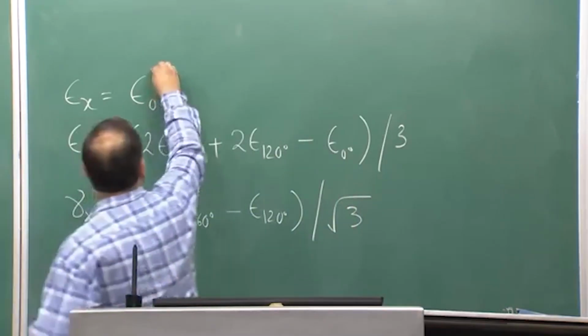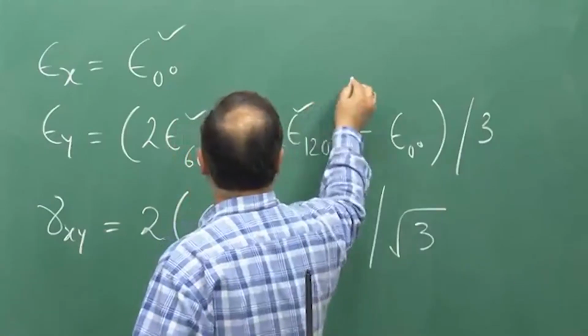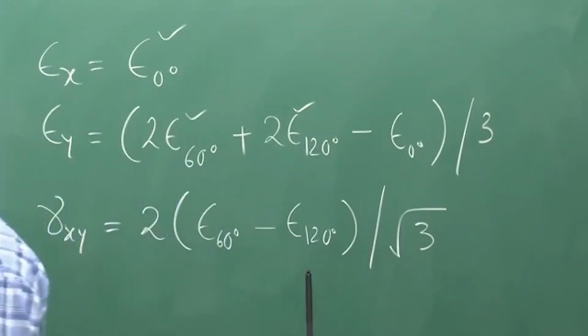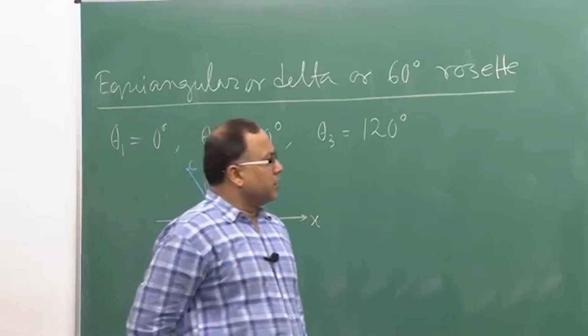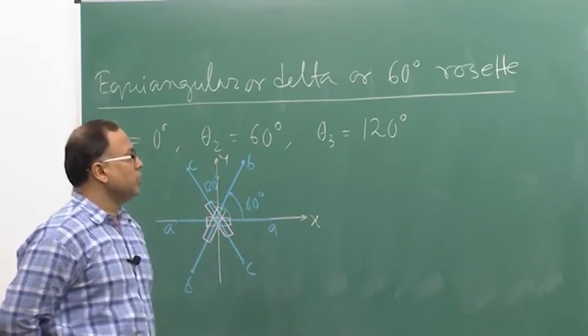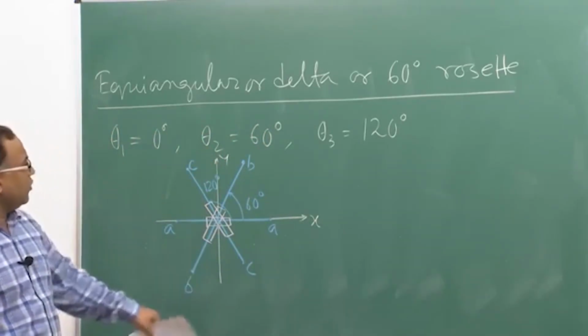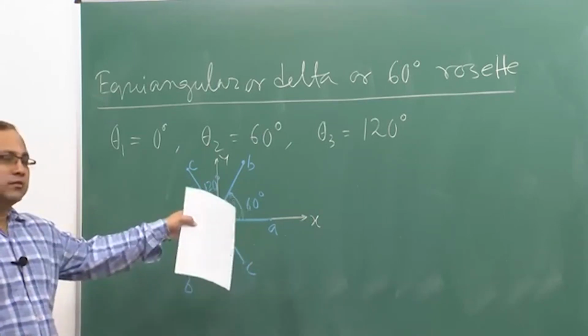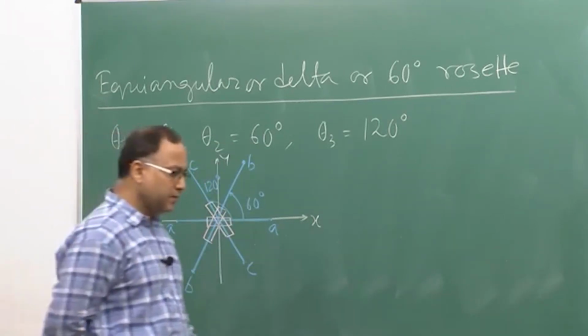Okay. So, you measure these things and then you get the strain components in xy coordinate system. Okay. So, from the calculation you can get the strain components like that.